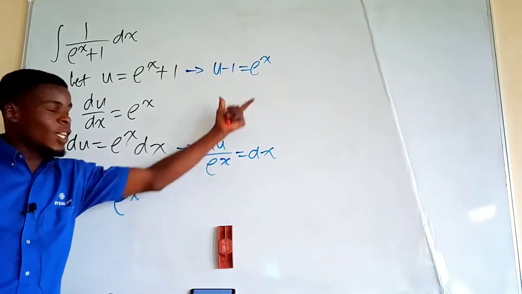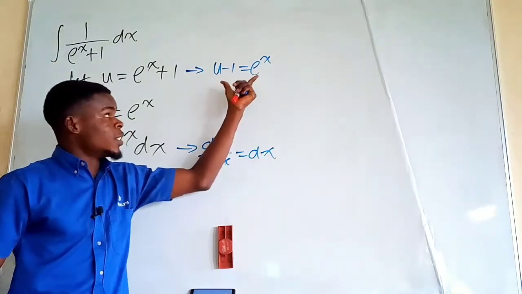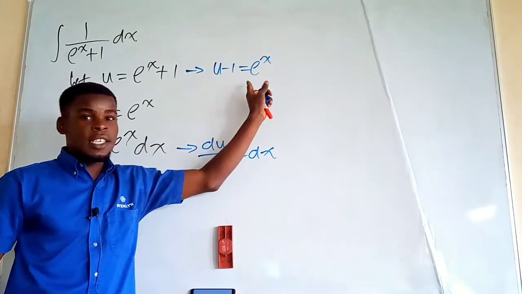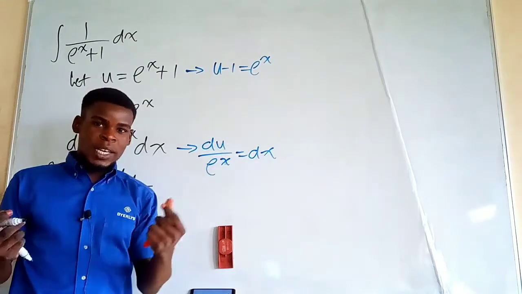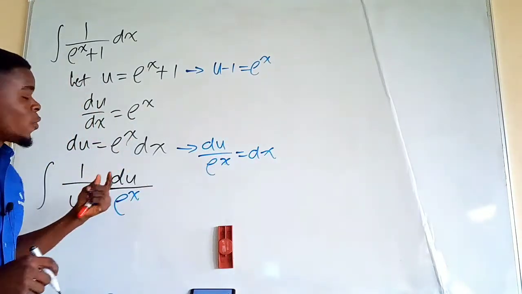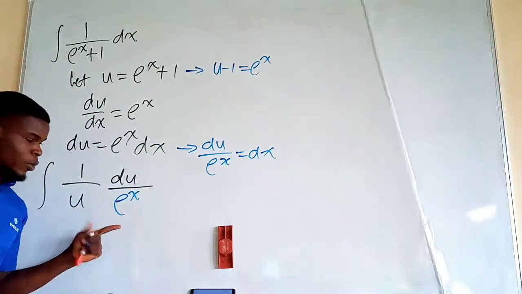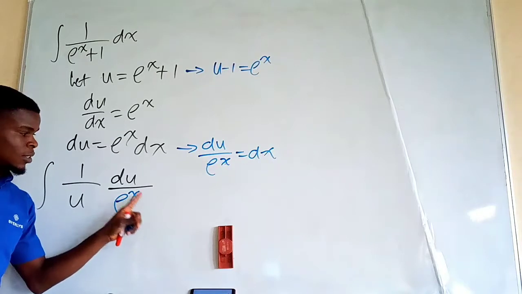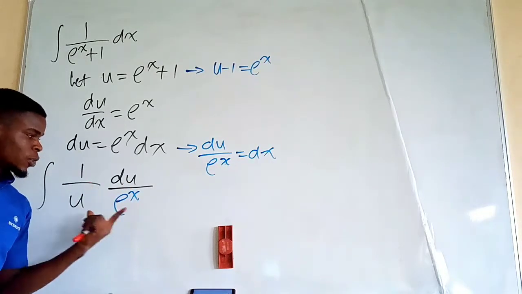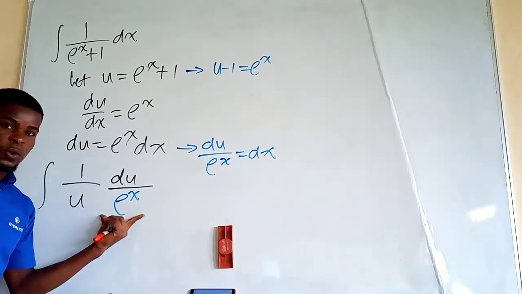Now, we did something nice here. We said that u minus 1 is e to the power of x. Remember that I said that we want to do a change of variable from the x variable to the u variable. So having this in this form, we still have an x here, which doesn't make sense. So we need to take away that function of x and bring in a function of u. Alright?